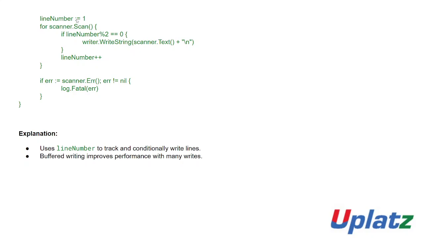This line number starts from 1. If this is 0, then write the string scanner.Text() plus backslash n. Line number++. If err := scanner.Err(); err != nil, log.Fatal(err). Explanation: uses line number to track and conditionally write lines. Buffered writing improves performance with many writes.